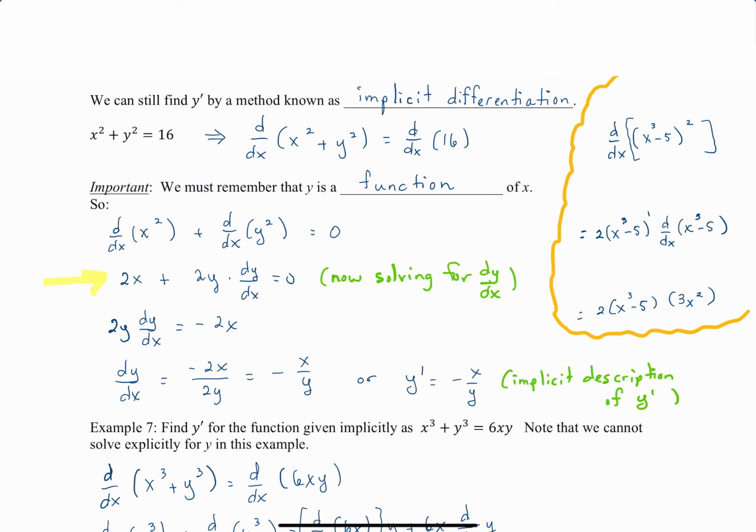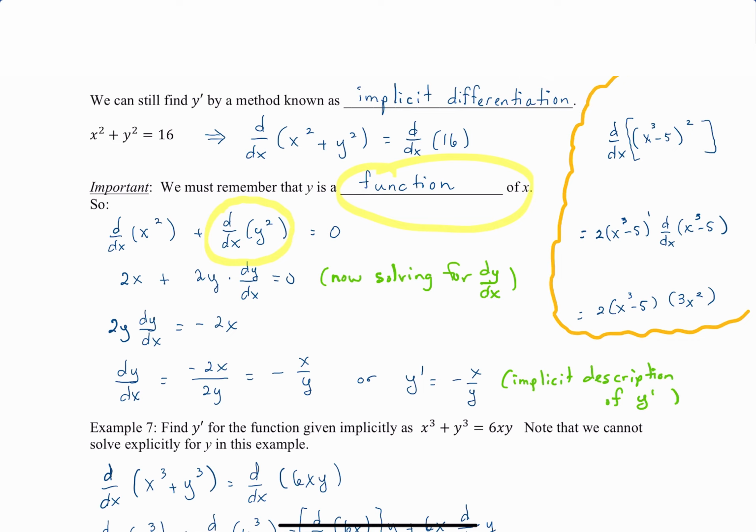But we have to be careful when we're doing d dx of y squared. See, that x variable does not match the y variable because y is not the independent variable. It's a function of x. That's what we were saying is important to remember up here. Y is a function of x.